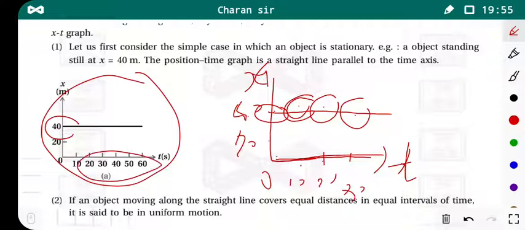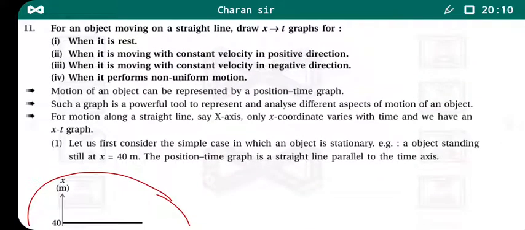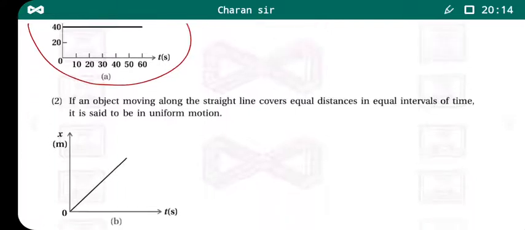So we can conclude that the position of the object does not change with respect to time. Okay, so this is the graph for an object at rest.